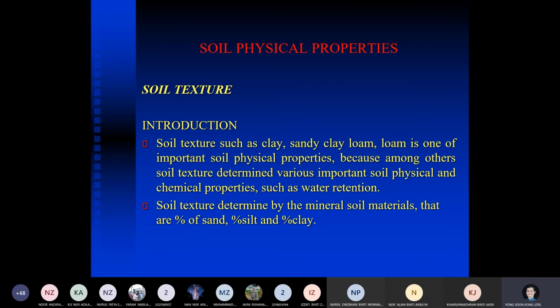Now, why do we start with physical properties? That is because most of the users of the soil or the land are usually the farmers. And most of them are not very high income or not very well trained. So most of the farmers are poor and they have to rely on simple but effective techniques for characterization.